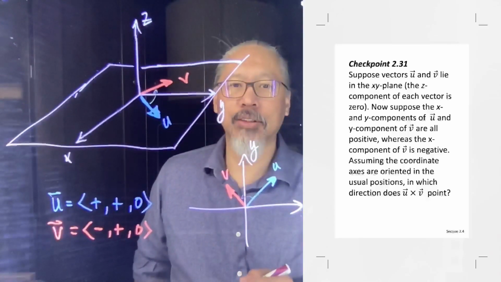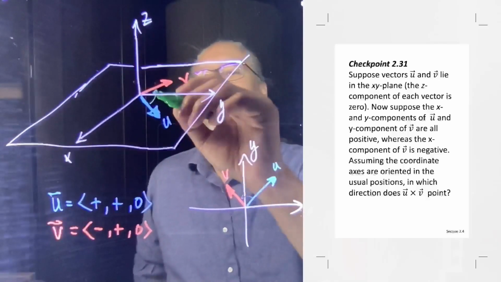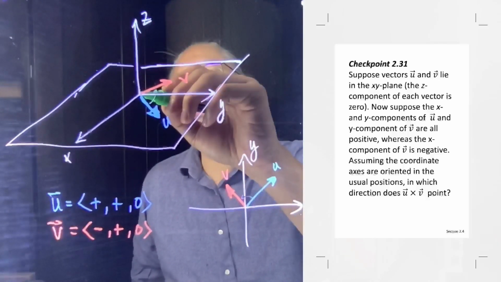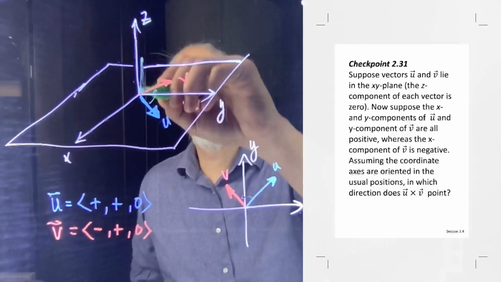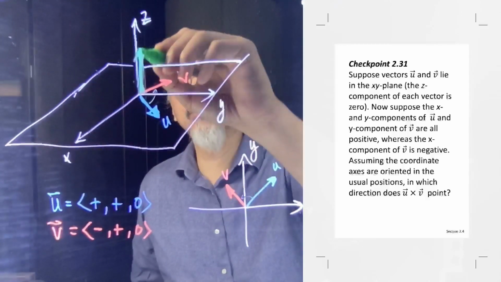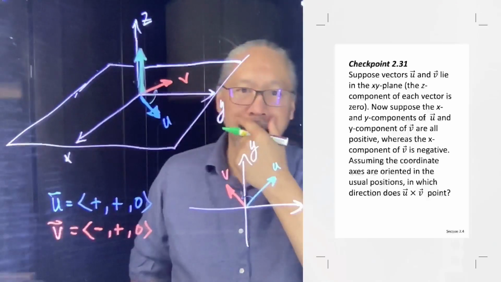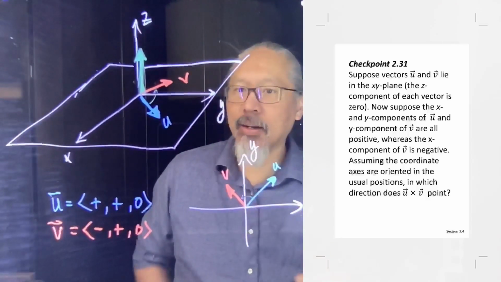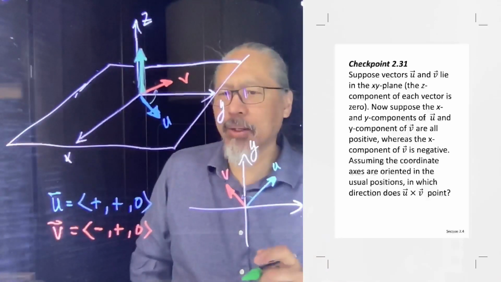I mean, towards the viewer. And if we do it from here, it looks like our cross product, which is going to be perpendicular to both vectors, would be going upward.